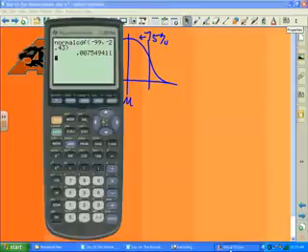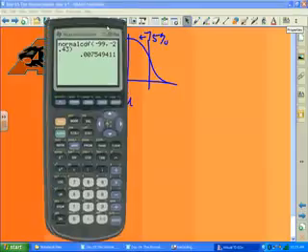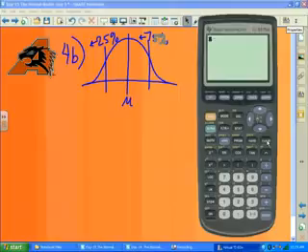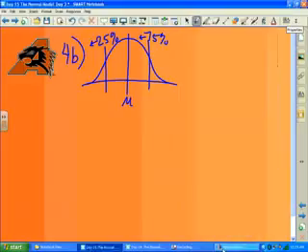Let's do that real quick. If I want to find a z-score and I know an area, then I'm going to put the area into inverse norm. Okay, so 0.6745, and the other one I guess would be the inverse of it.